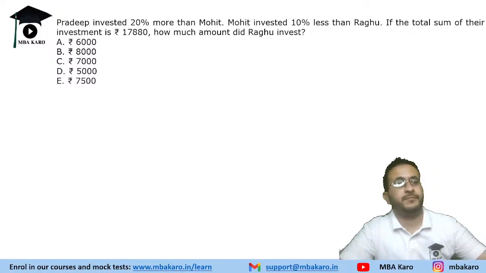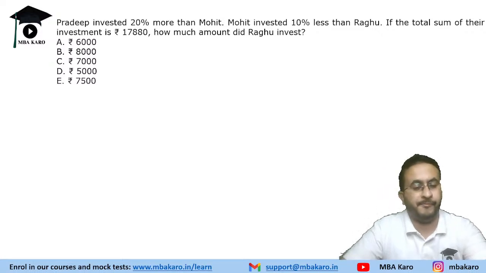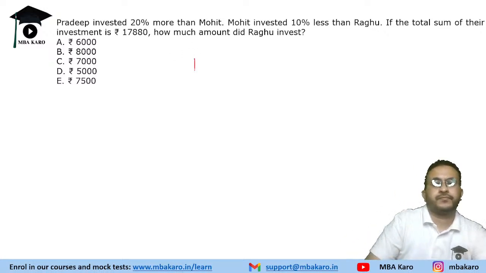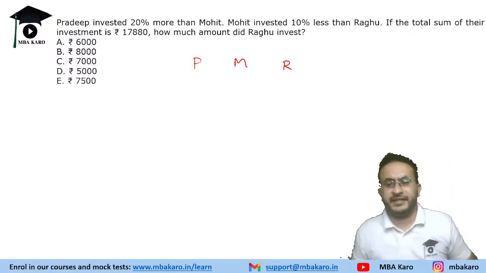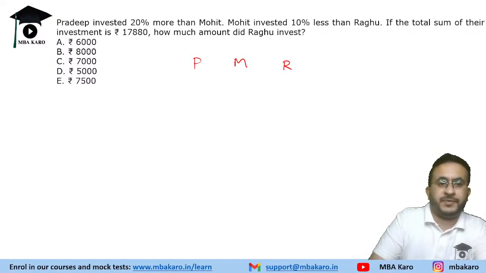So there are three people: Pradeep, Mohit, and Raghu. Whenever we have these kinds of relations, where one person is connected to the second, and the second is connected to the third, see how the variables should be chosen. Pradeep depends on Mohit, and Mohit depends on Raghu.